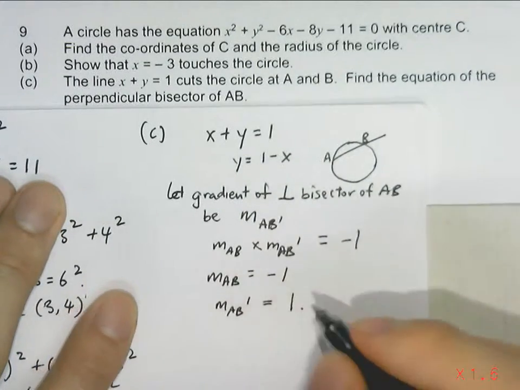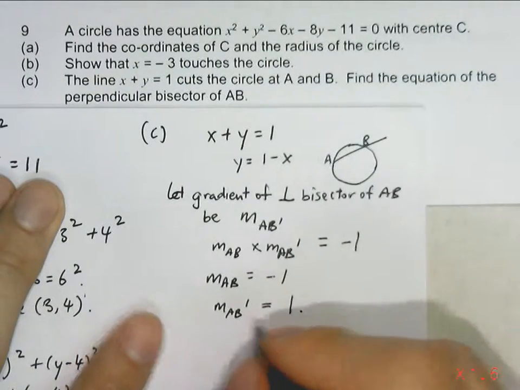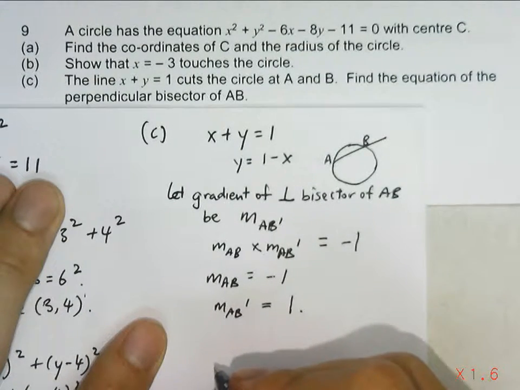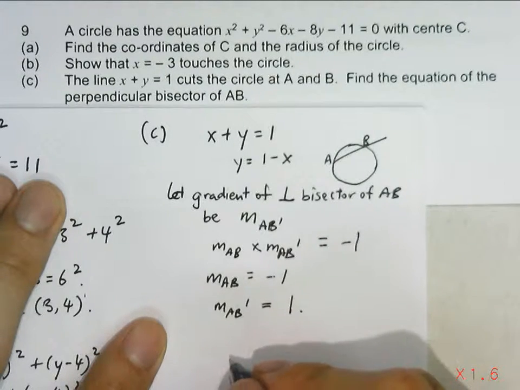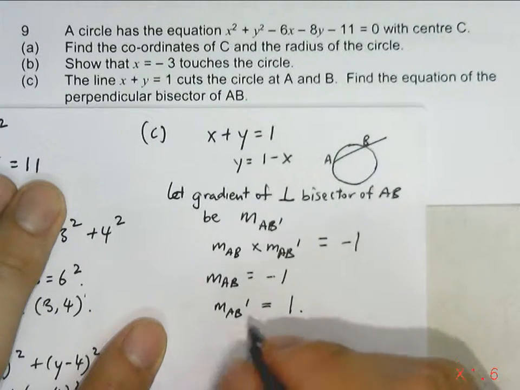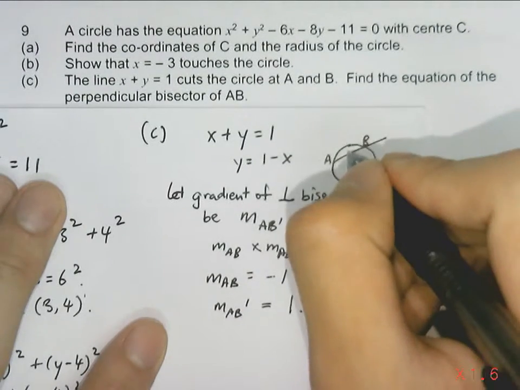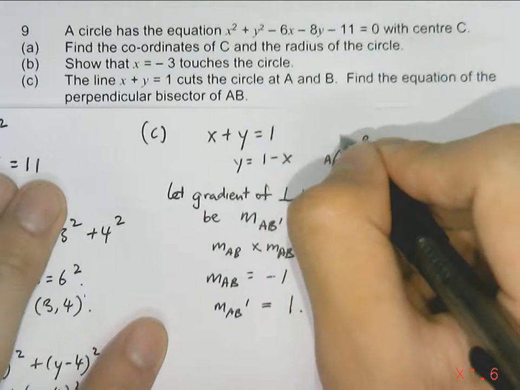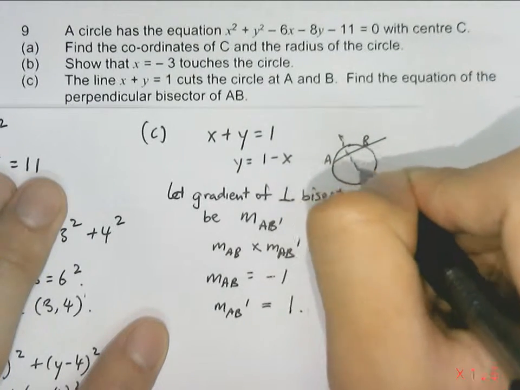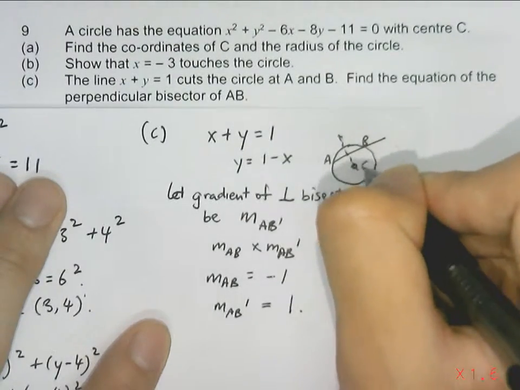Having the gradient ready, we need a point on the perpendicular bisector. The perpendicular bisector of a chord will always pass through the center of the circle.